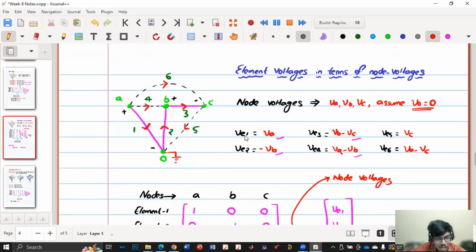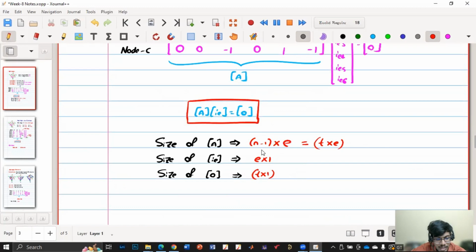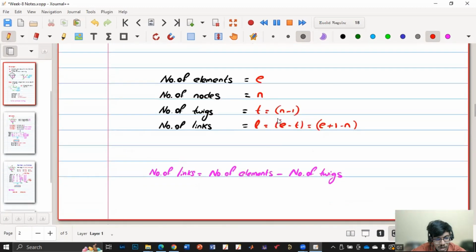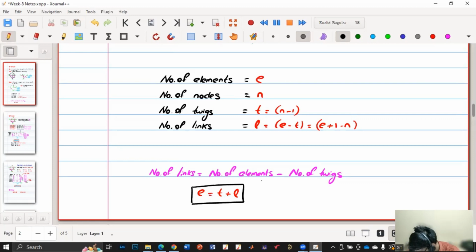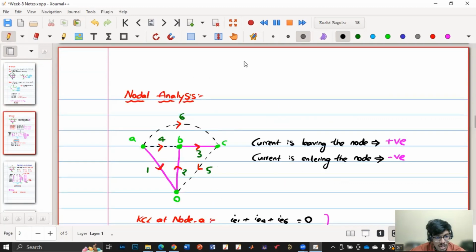Also, we know that the number of elements is nothing but the number of links plus the number of twigs. So E can be written as number of twigs plus number of links.